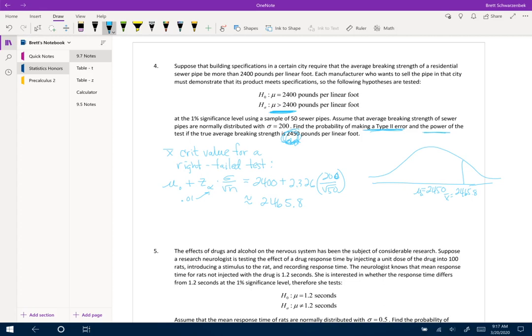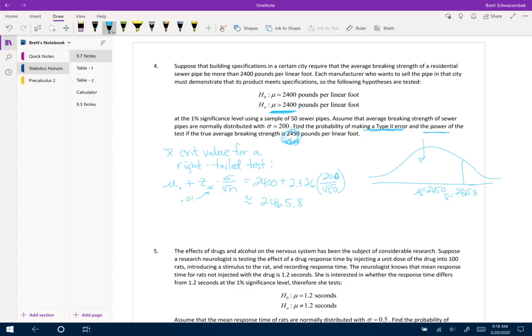Now, remember, again, type 2 error is the probability of accepting a false null hypothesis. So we know that it's false, but we need acceptance. Normally in this setting, rejection is going to be in the tail, right? In any test, we always are talking about rejection. So that means that acceptance is actually going to be on the other side.